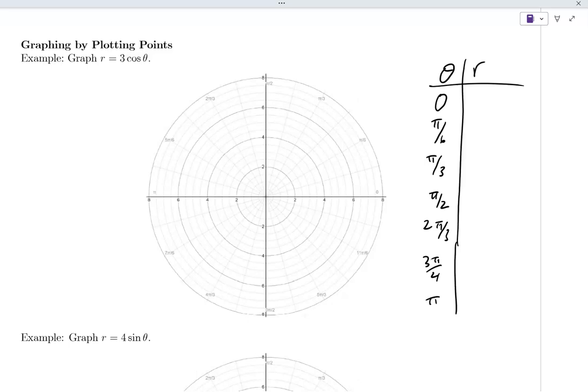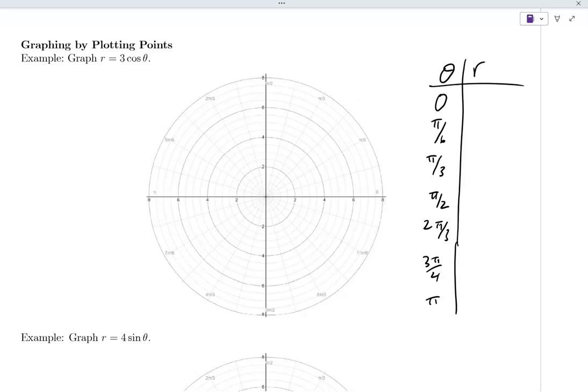Let's start with that. I could have put some pi over 4s in the middle as well, but it didn't feel like overkill right now. We will add more points in if we need to. But for right now, let's just start there.